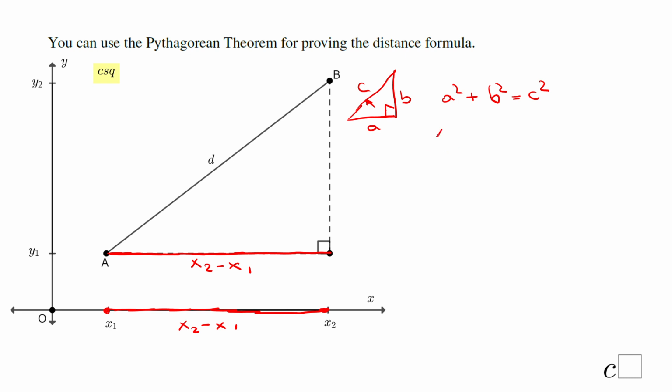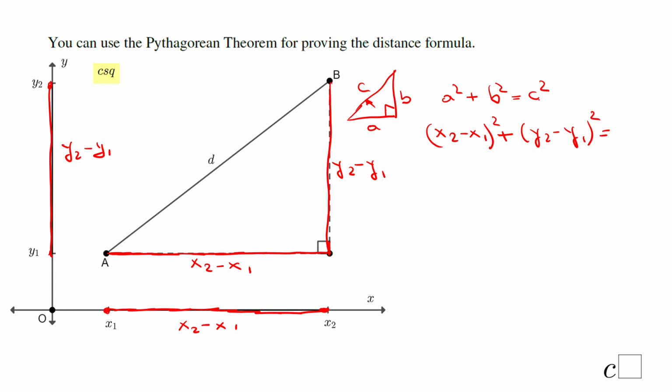So we're going to have here x2 minus x1 squared plus, and now let's take a look at B. The B in this triangle is this segment, which has a congruent corresponding segment on the y-axis, and that one is y2 minus y1. So obviously this one is going to be the same thing, y2 minus y1. So let's go back here, plus y2 minus y1 squared.